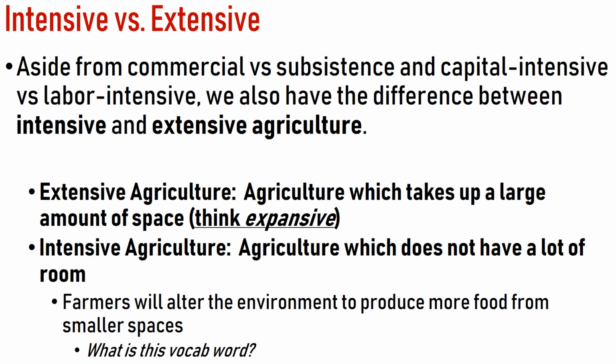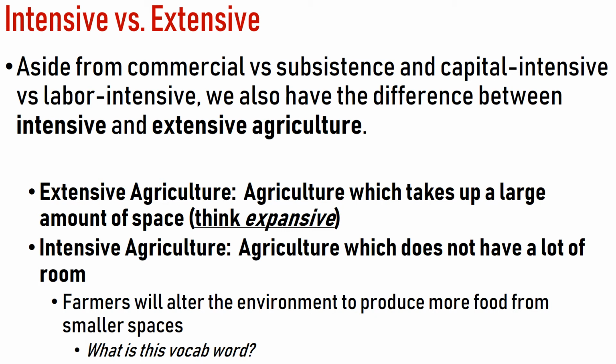So now this touches on the size of the farms, the proper vocab way of thinking about it, and a way that we will separate types of agriculture too. Aside from commercial versus subsistence, or capital intensive versus labor intensive, we have the difference in size, intensive versus extensive agriculture. Extensive agriculture is what takes up huge amounts of land. Think expansive, huge amounts of land, what we've seen in commercial agriculture.